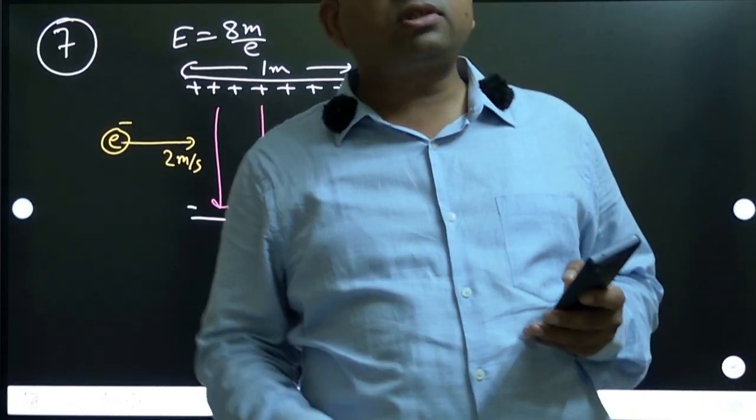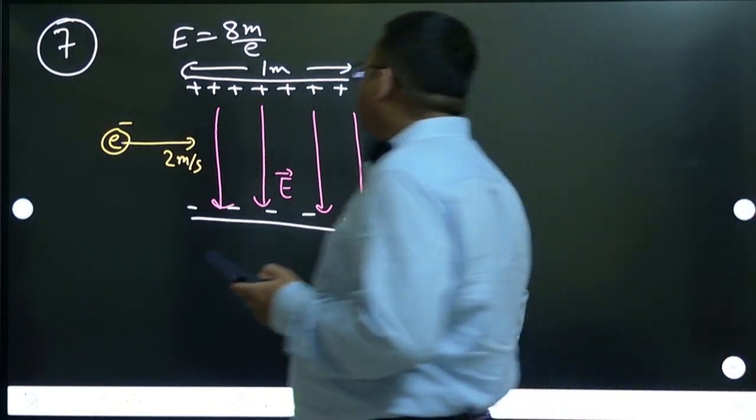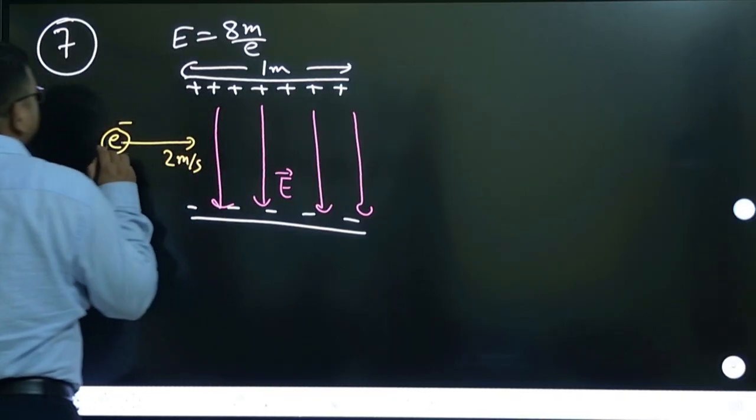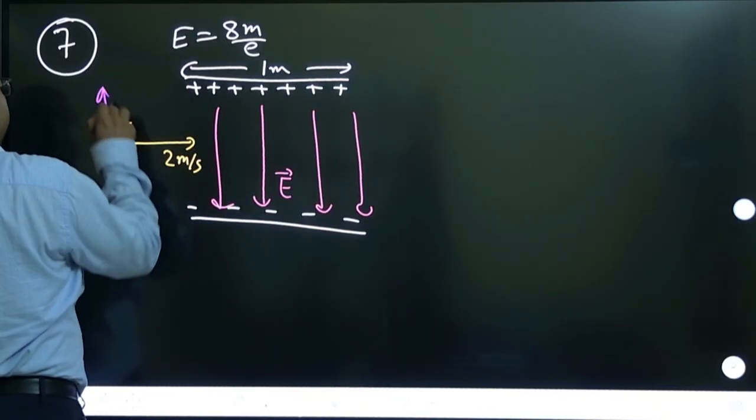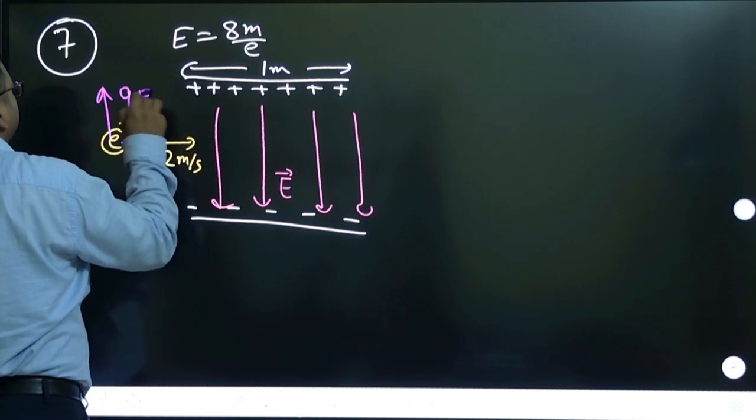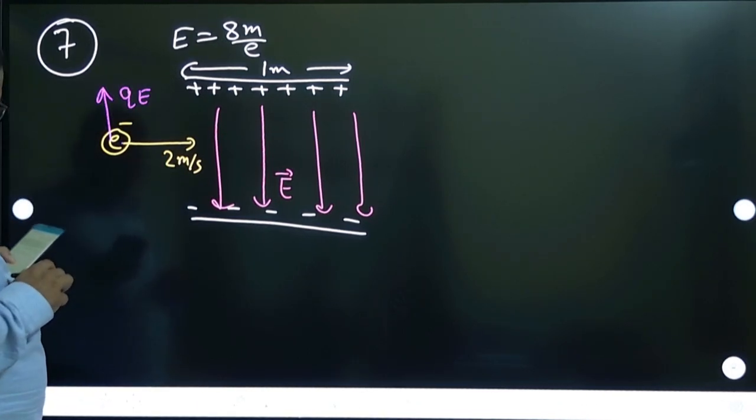Opposite. It will get a force opposite because it's a negative charge. Because the field is downward, it will experience a force upward. Q into E is the force.